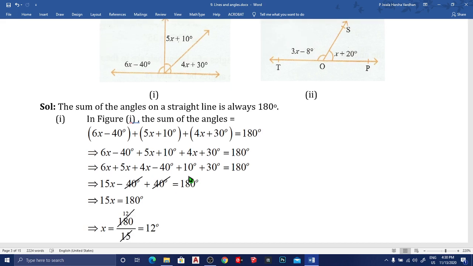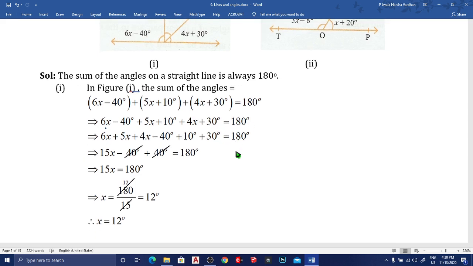Okay. So the first one is 6x minus 40 plus 5x plus 10 plus 4x plus 30 is equal to 180 degrees. Now removing these brackets, I am writing all the like terms together: 6x plus 5x plus 4x and minus 40 plus 10 plus 30 is equal to 180.